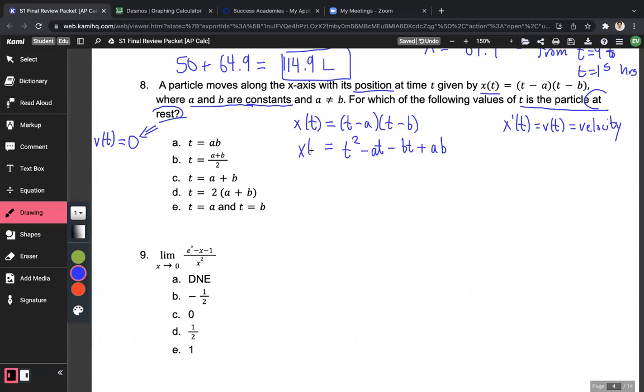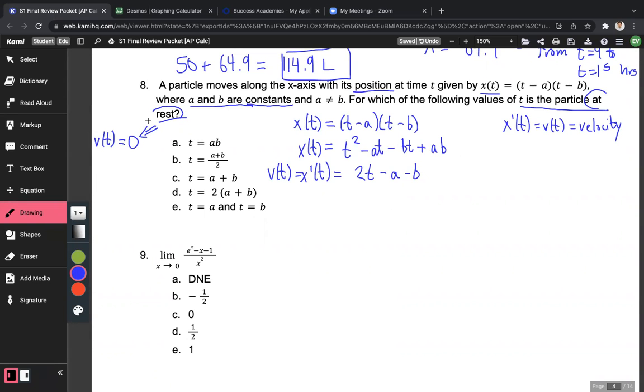And I say that that's going to be helpful because when I do my power rule, x prime of t, I wind up with 2t minus a minus b. That equals my velocity function, which I'll call v of t. The ab goes away because it's a constant. And the derivative of any constant is 0. All right, so I'm left with my velocity.